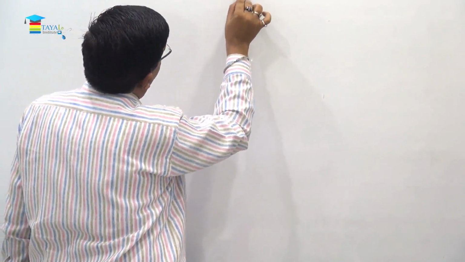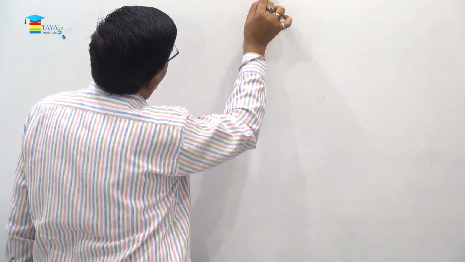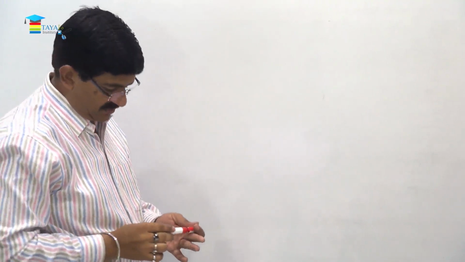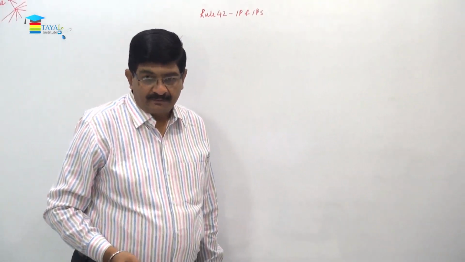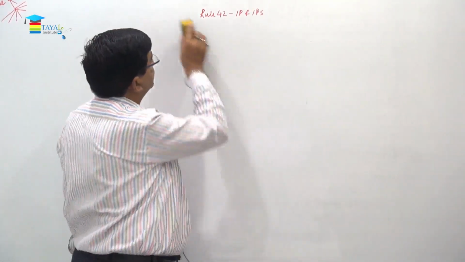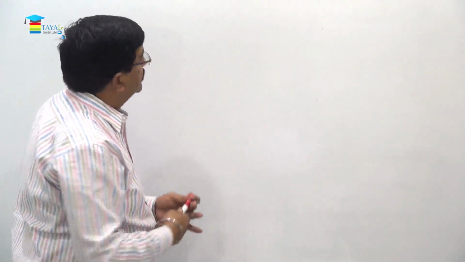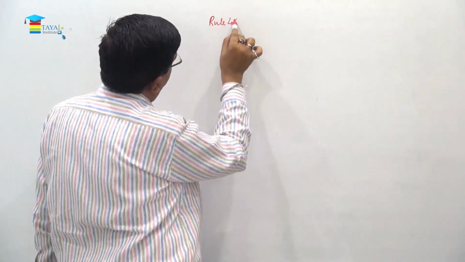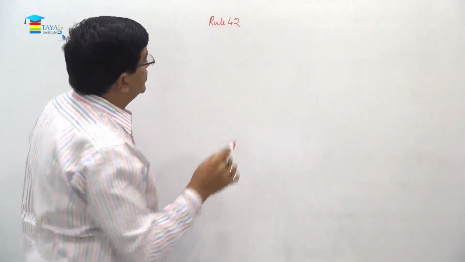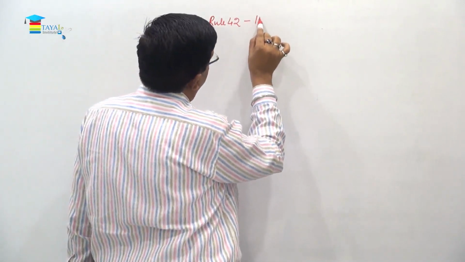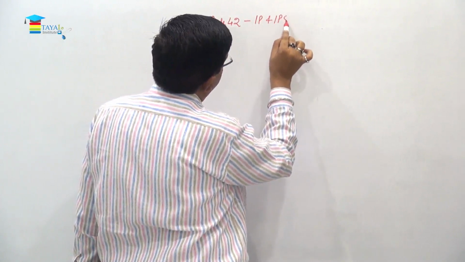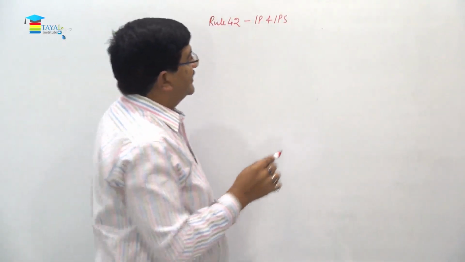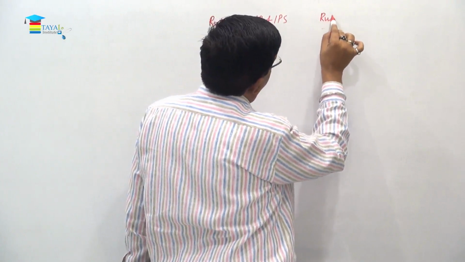This is for inputs and input services, and then comes rule 43.